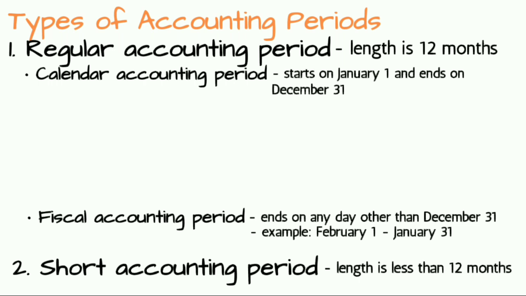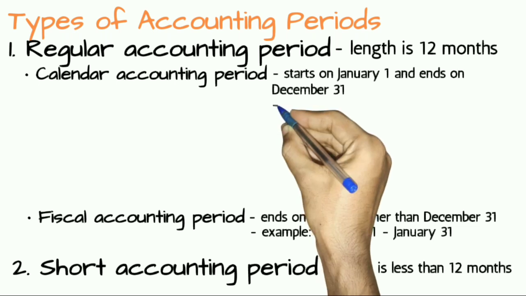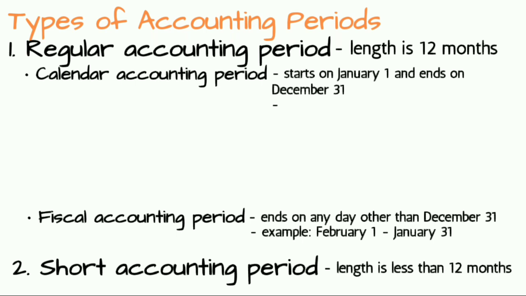Pero pag leap year, kung nag-start siya ng March 1, magtatapos yan ng February 29. Kung nag-start naman siya ng April 1, magtatapos yon ng March 31. Those are the examples of fiscal accounting period.